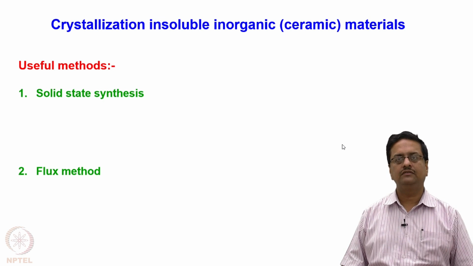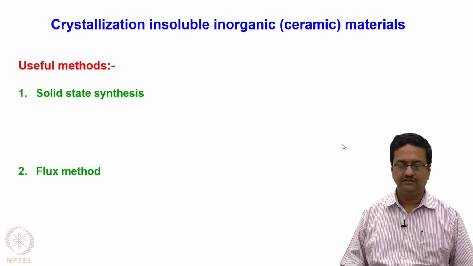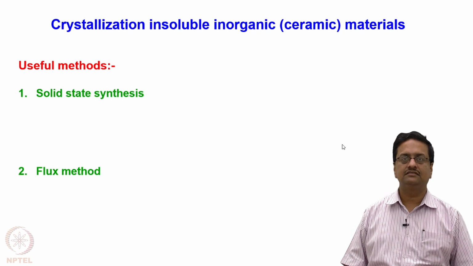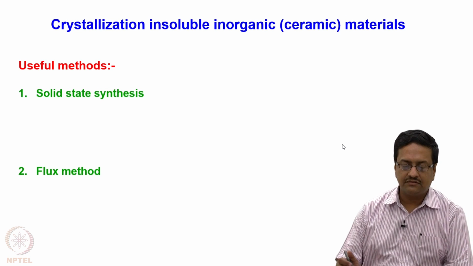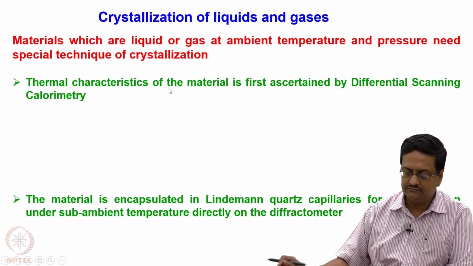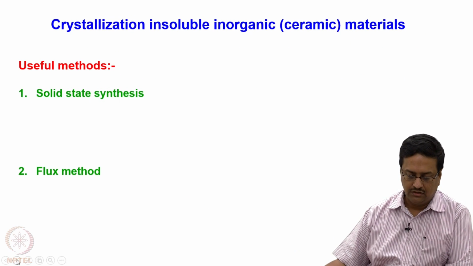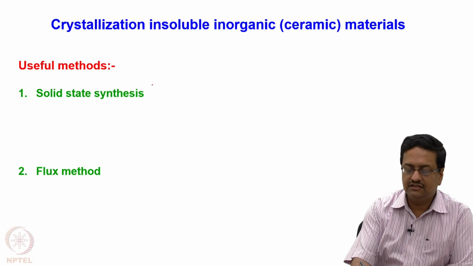There are a large number of different inorganic materials, ceramic materials, which do not dissolve after they are made from their starting materials. So in those cases, the crystals are to be grown during their synthesis itself. In solid state synthesis, what one does is the following.